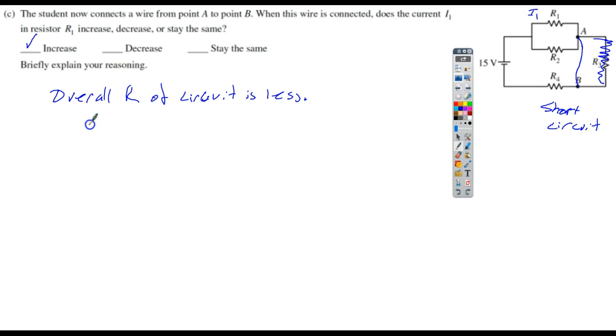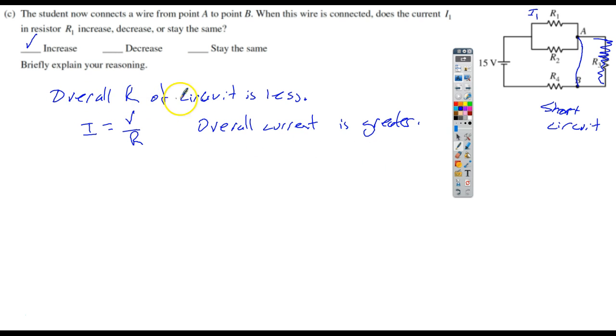And if we think about I is equal to V over R, if this is less, then the overall current is greater. If the overall current is greater in the entire circuit, it's greater in R4, it's got to be greater in R2, and greater in R1.